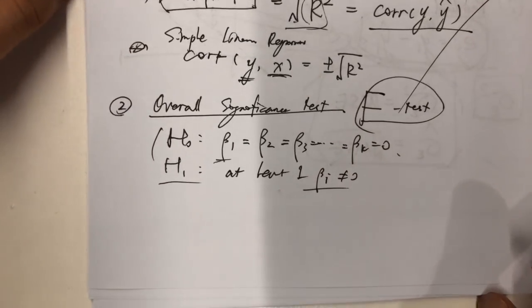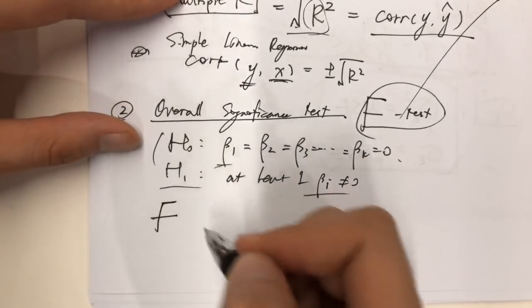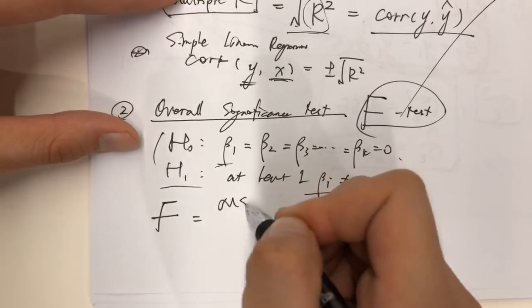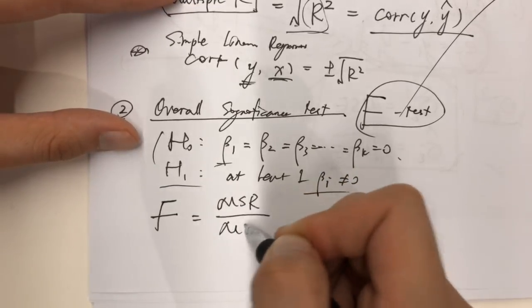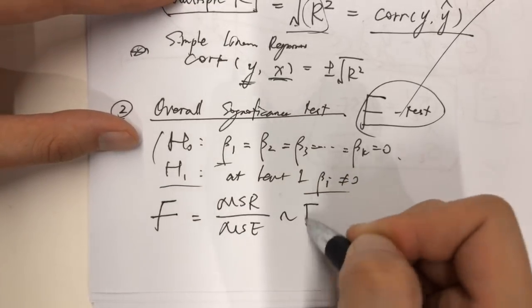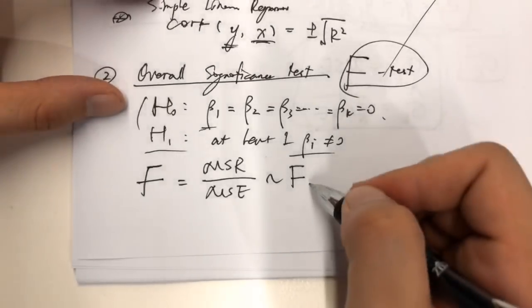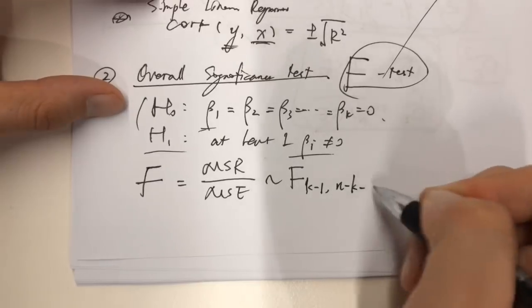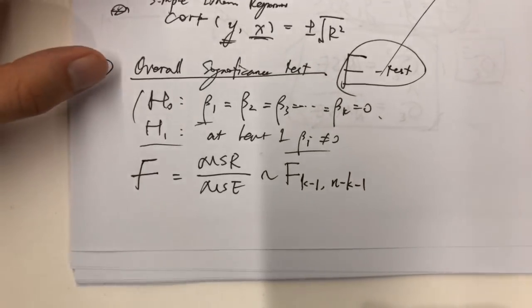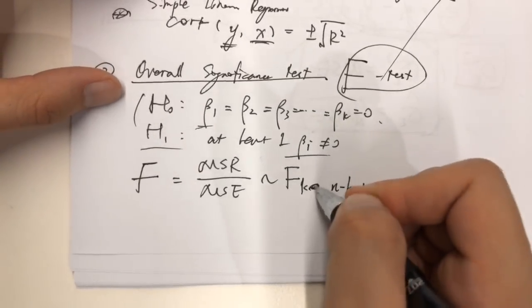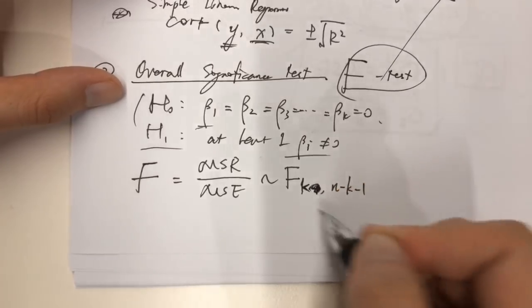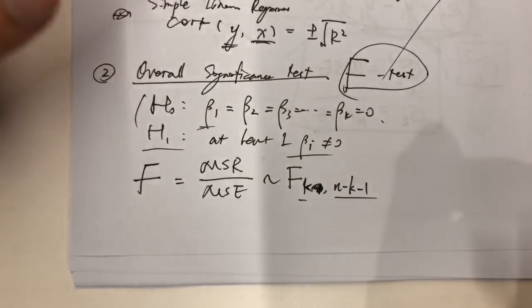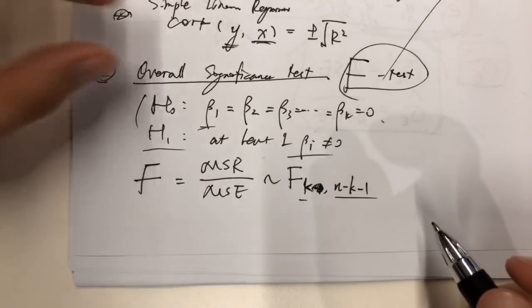And for this overall significance test, the test statistic is again calculated by MSR over MSE, which also follows the F distribution with degrees of freedom k and n minus k minus 1. This is different from the ANOVA test.